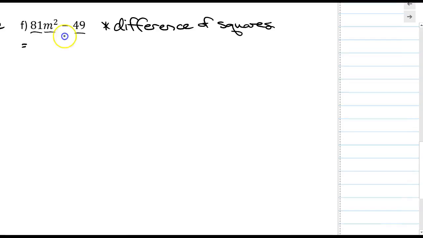Down here, similar effect. We've got the square root of 81 is 9. Square root of m squared is m. So that's going to be my first term in both binomials. Square root of 49 is 7. In order for them, when we add them together, to cancel out, one needs to be positive and one needs to be negative.